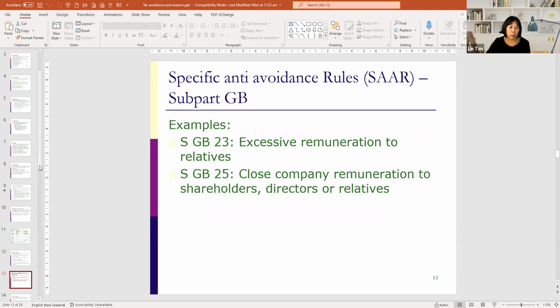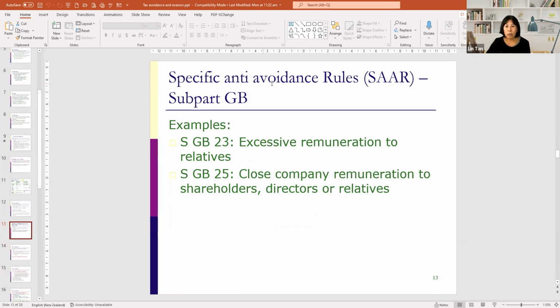Let me just pick up a few examples of specific anti-avoidance rules. We're not going into too much detail, but we have actually gone through two of the rules when we covered topics on deductions as well as business structure. I've already brought to your attention excessive remuneration paid to relatives, whether by a sole trader, by a partner in a partnership, or by companies, and whether the company is a closed company or not.